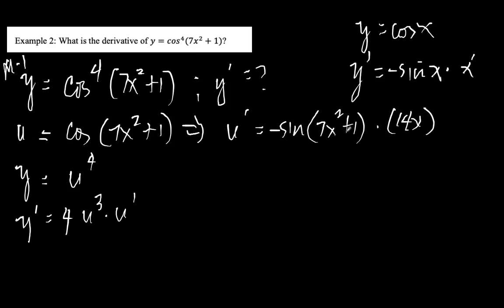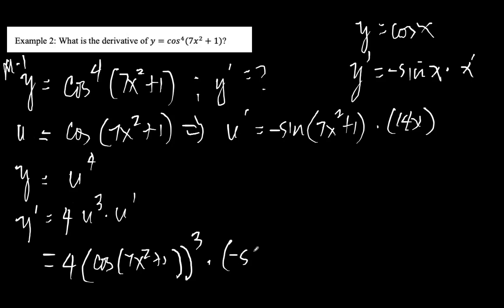So again, we have 4, what is our u? u is cosine of 7x squared plus 1, cubed, times u prime, which is negative sine of 7x squared plus 1 times 14x.